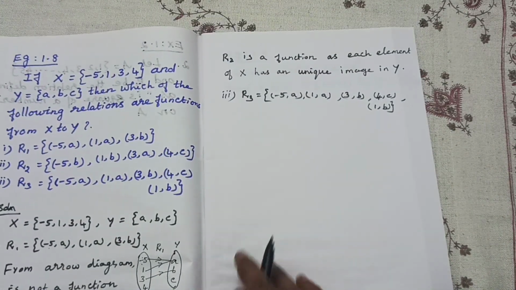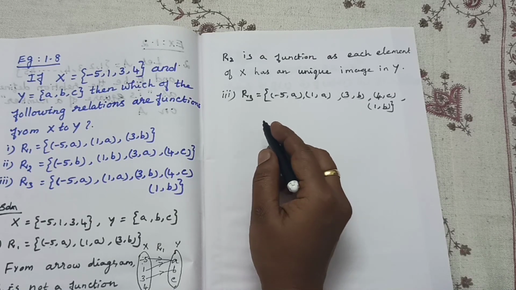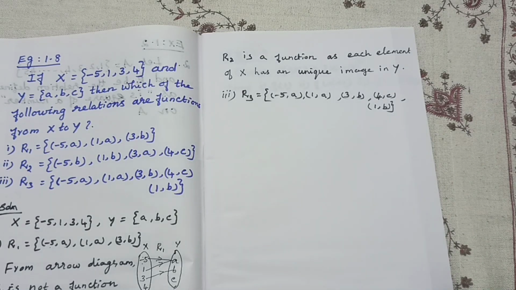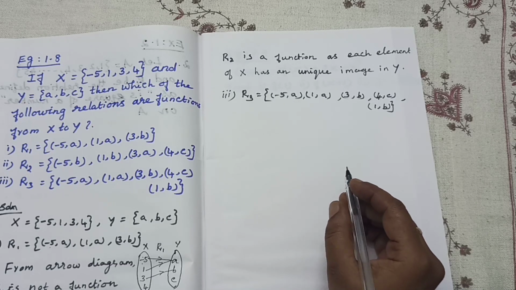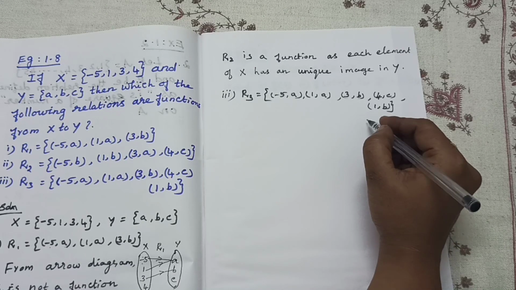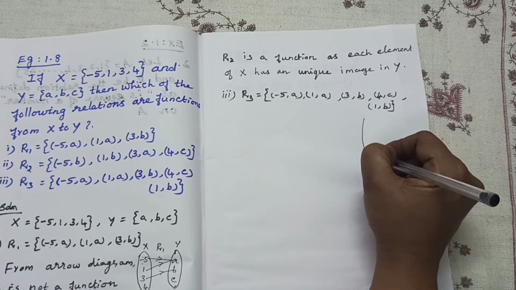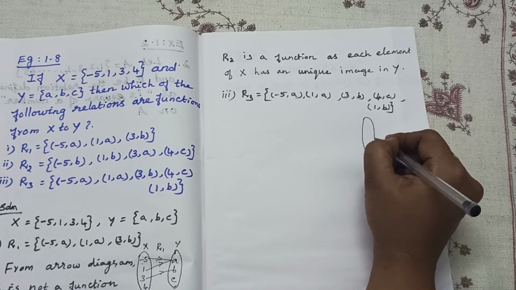Then here we have to check by representing the relation R3 in an arrow diagram. Representation of an arrow diagram.